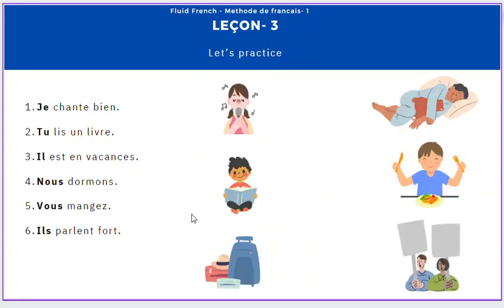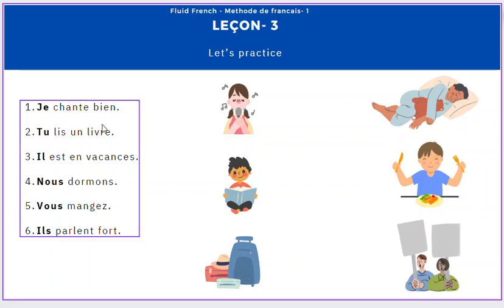Now I have put a small activity for you, which is you have these 6 sentences with different pronouns. What you have to do is look for the verbs, okay? You have to look for the meaning of the verb, find out which verb this is, and then associate these sentences with these images. I will just read them for you to learn the pronunciation. Je chante bien.